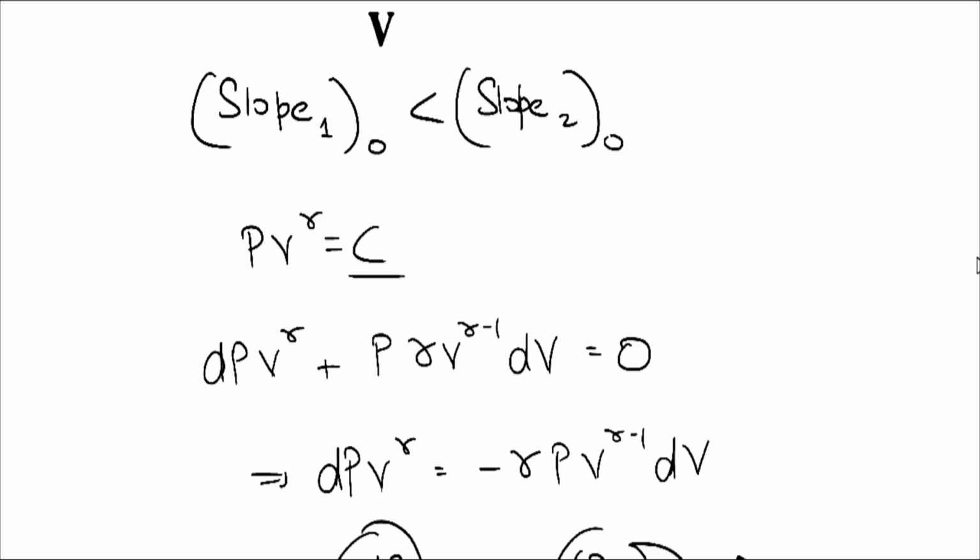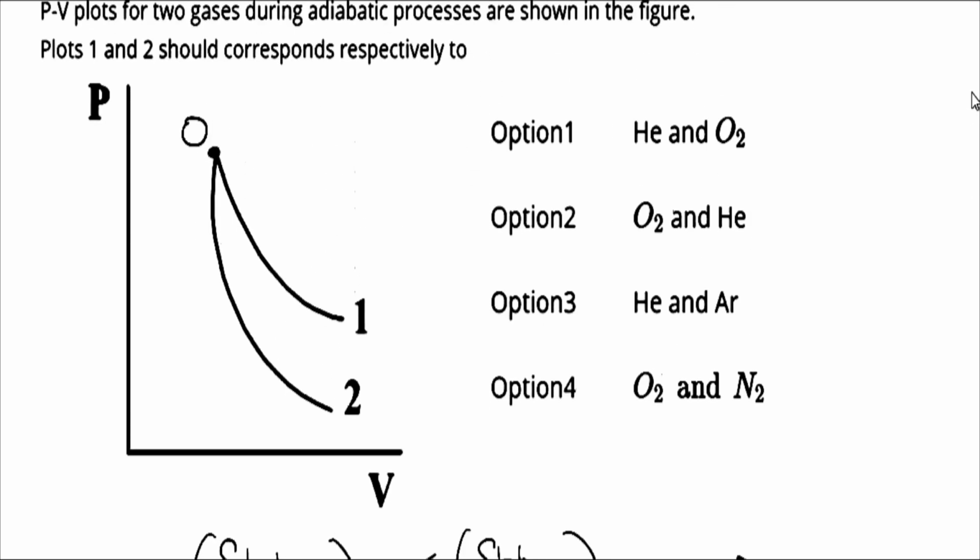That means at point O, the slope is directly proportional to the value of gamma.